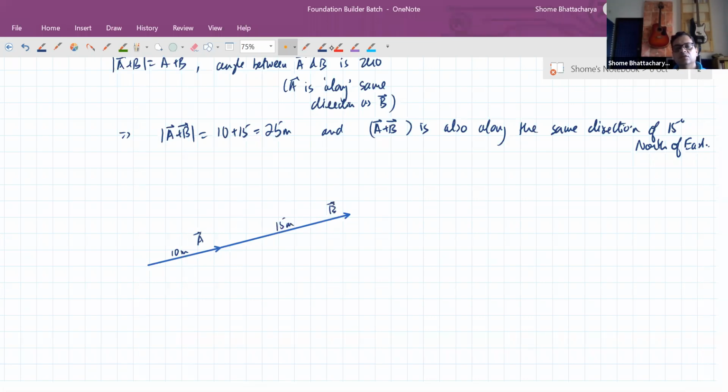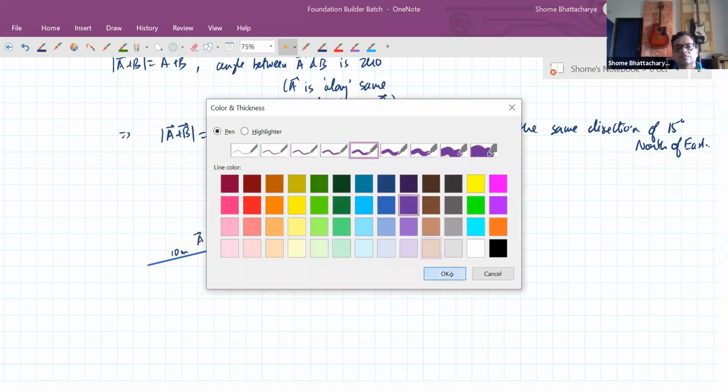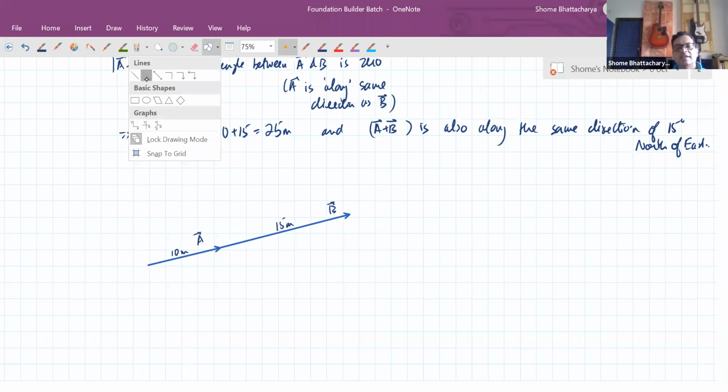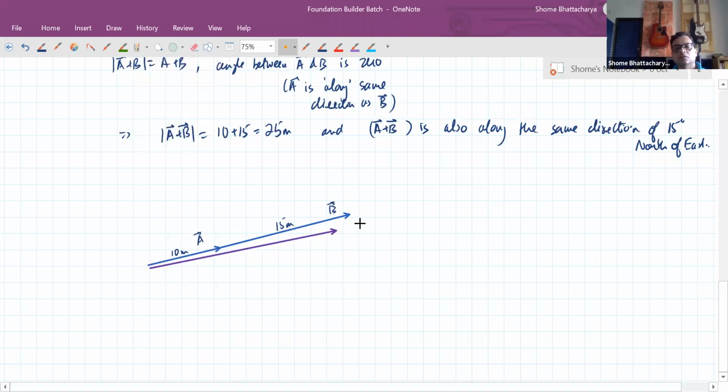So the resultant of the two is just this net displacement, which you can see is, instead of a triangle, along a straight line only. This will be your resultant displacement. So this is becoming your A plus B, which is going to be 25 meters, and all these are going to be along that same direction, theta equal to 15 degrees north of east.